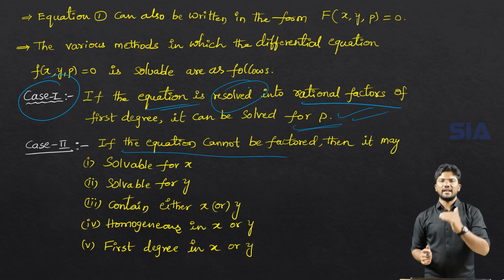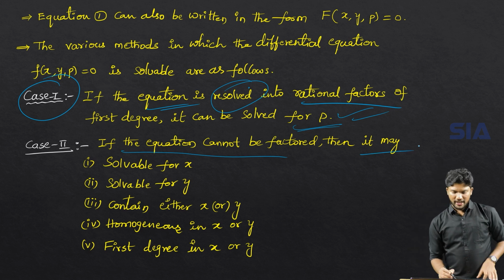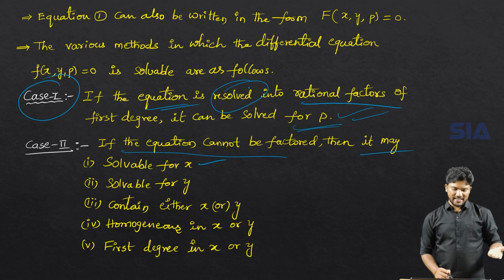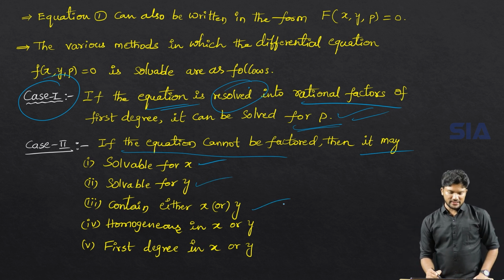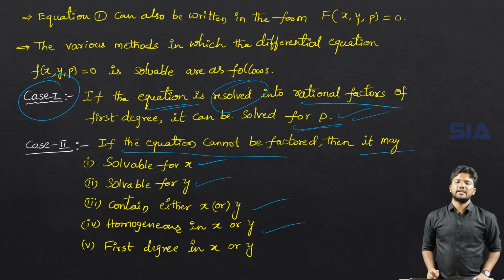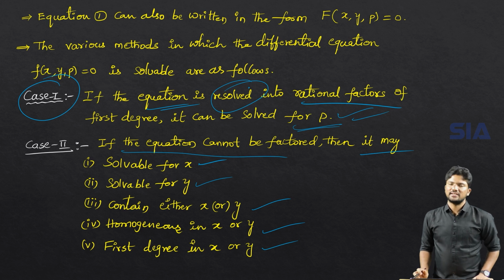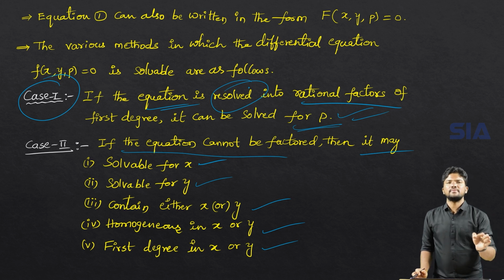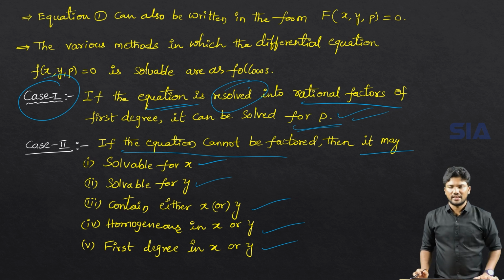Case 2 says that if the given equation cannot be factored into rational factors, then it may be solvable for x, solvable for y, and it contains either x or y, or is a homogeneous equation in x and y, or a first degree differential equation in x or y. So case 1 is solvable for p only when it is divided into rational factors.